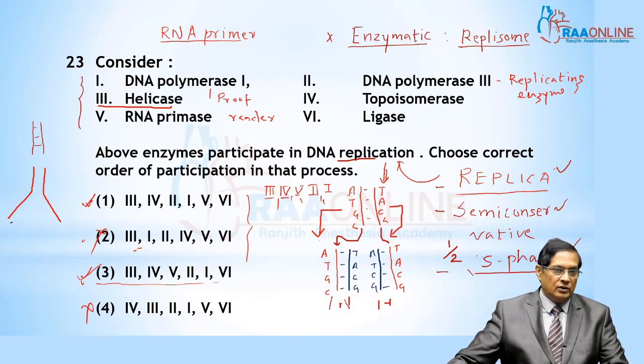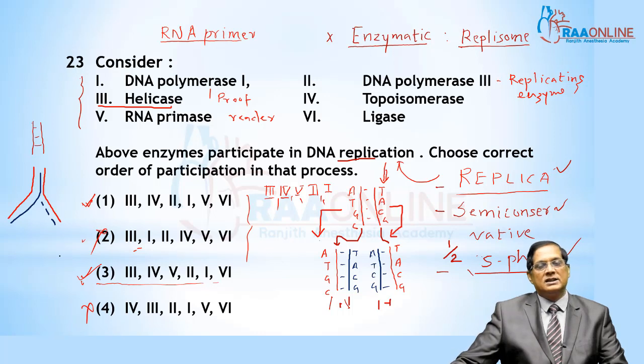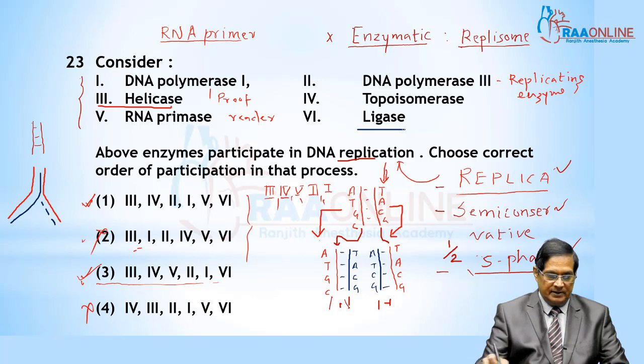One strand grows continuously, whereas the other strand grows in bits. These bits are called Okazaki fragments, and these Okazaki fragments are joined together by means of ligase enzyme.